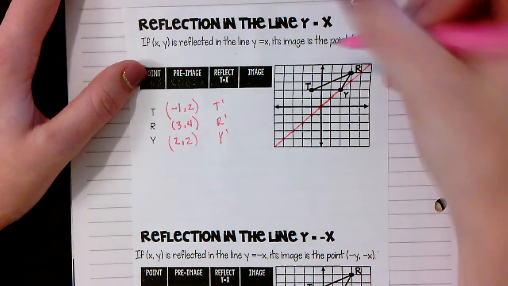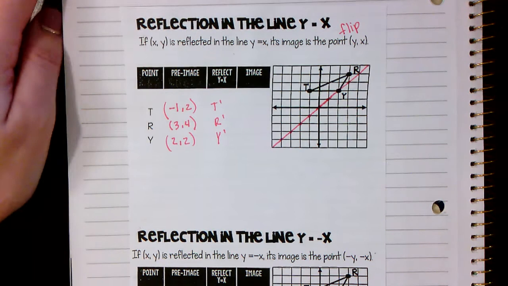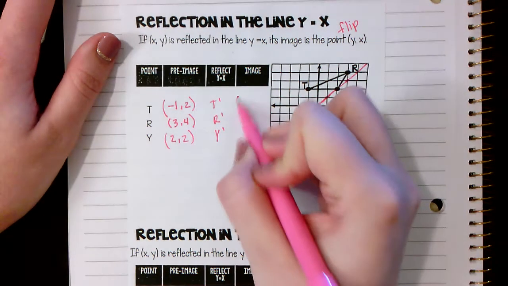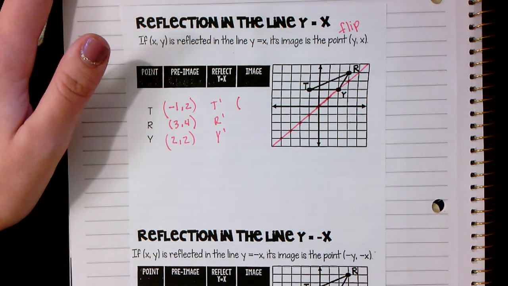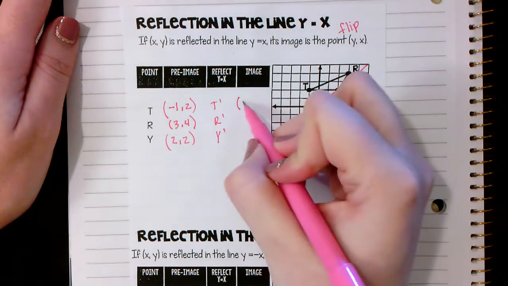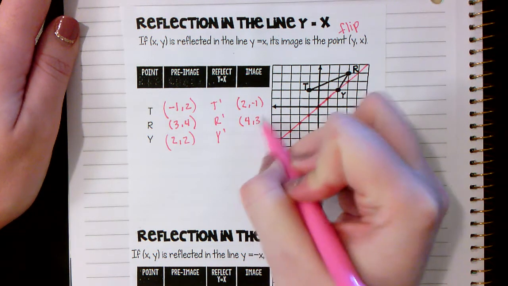We are going to flip. So I want you to up here just write flip. Okay? We're going to flip our ordered pair. It's now going to be 2, -1, 4, 3, and 2, 2.